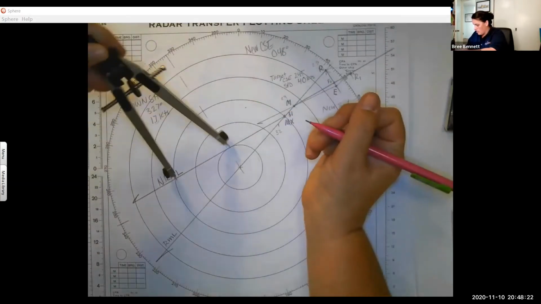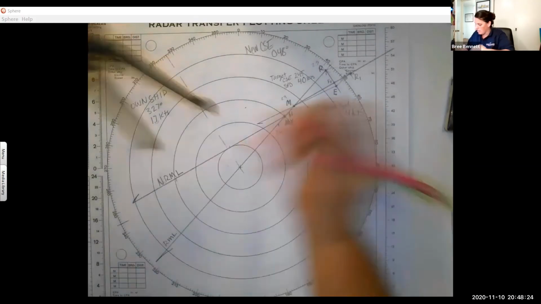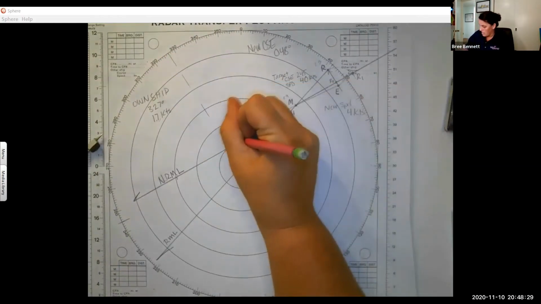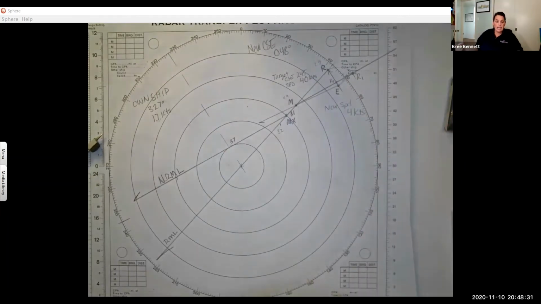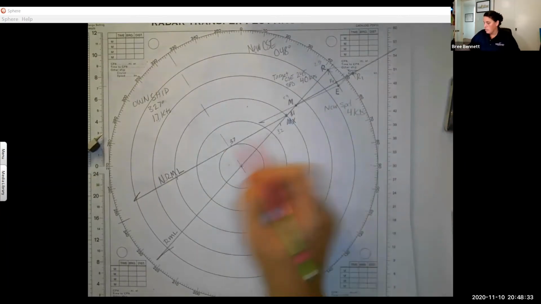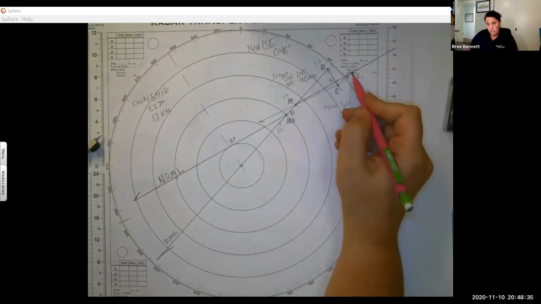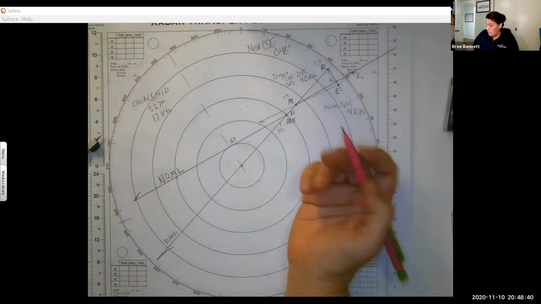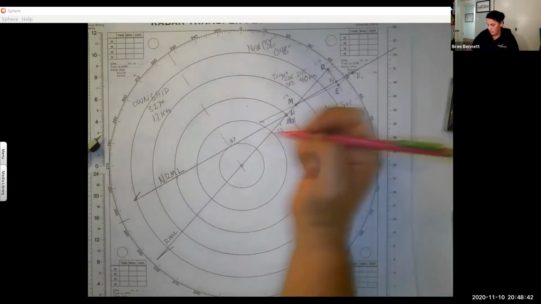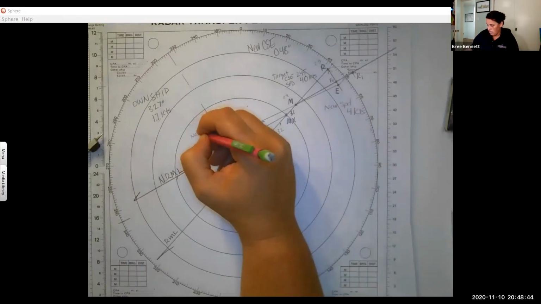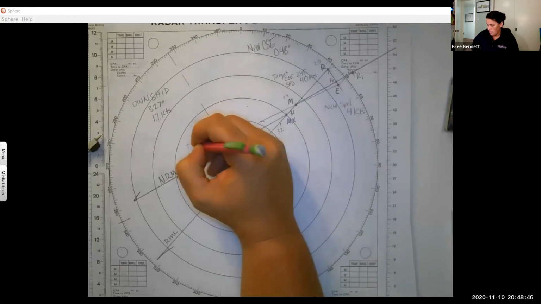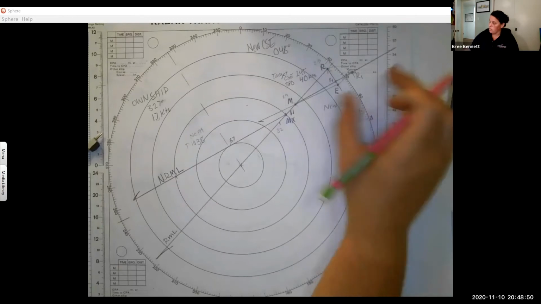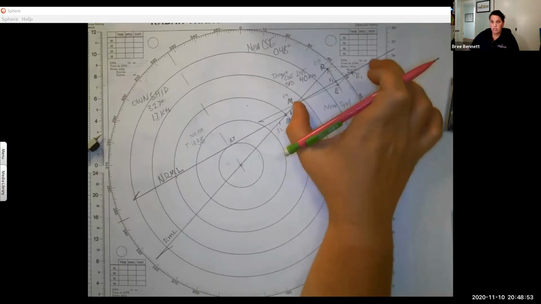And this is 6 minutes after that. So 31 is 37. So I would say the time of our new CPA using that speed change is going to be 10:37, 10:38. New CPA time, 10:38, because we were using the new relative motion line.